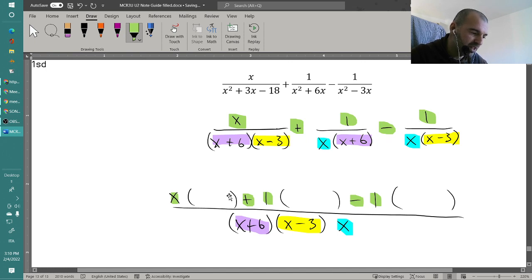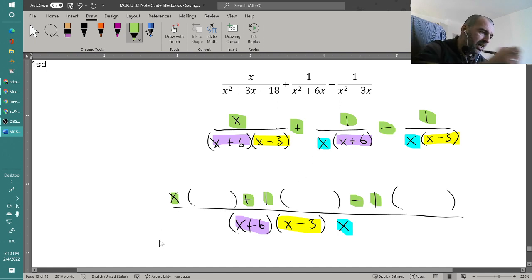The space that I left over will contain all of the factors that are not in the denominator that this fraction is representing. This is the first fraction. As you can see, this first fraction has the purple and the yellow factor, so it is missing the blue factor.